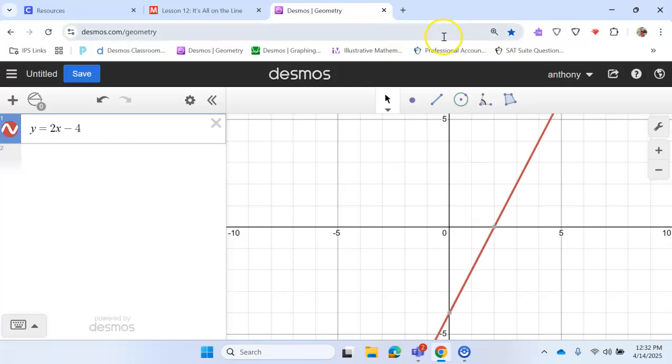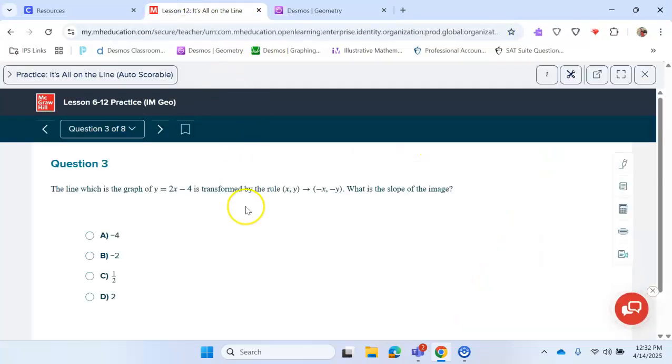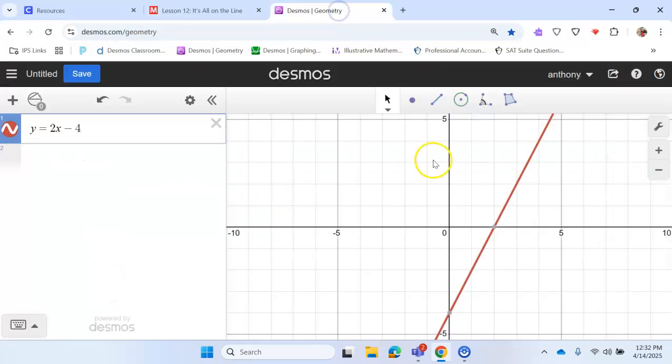If we make that transformation, making x and y their opposites, this point (2, 0) would be (-2, 0). It would be right here. This point (0, -4) would be (0, 4).